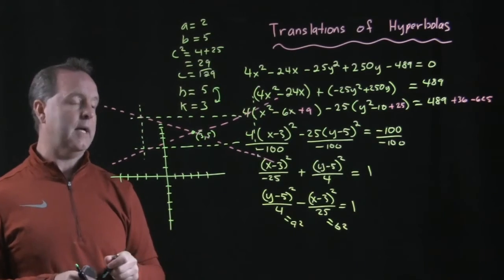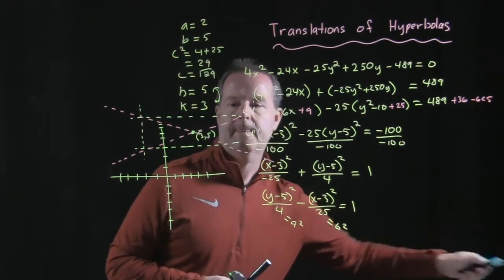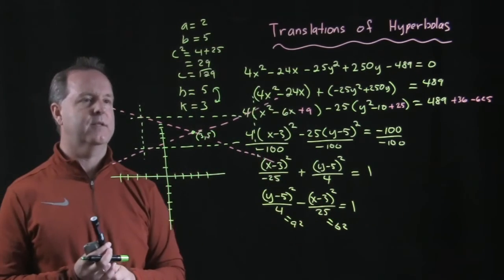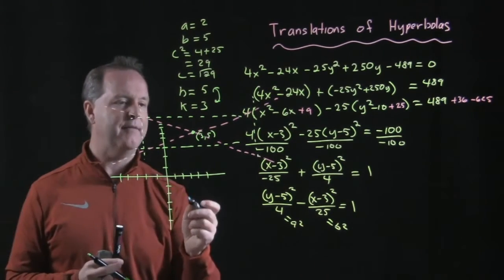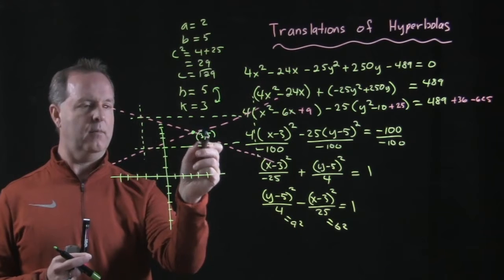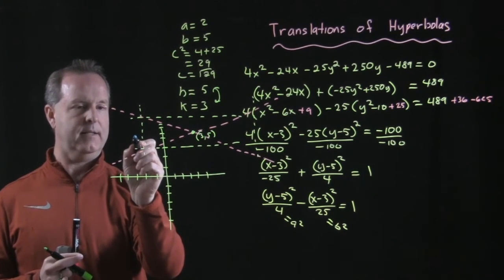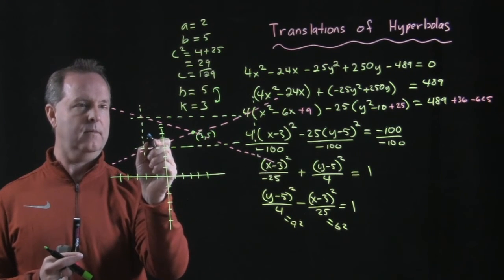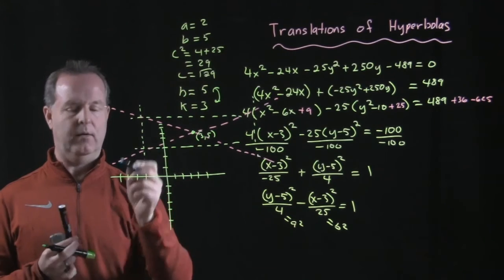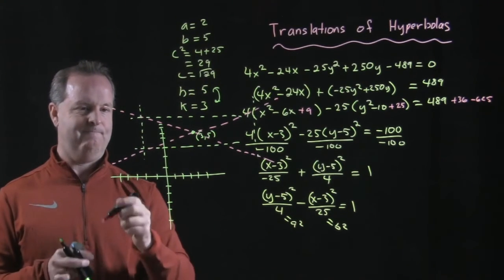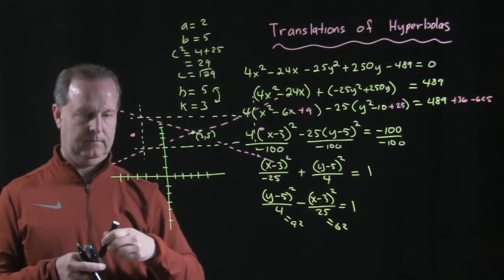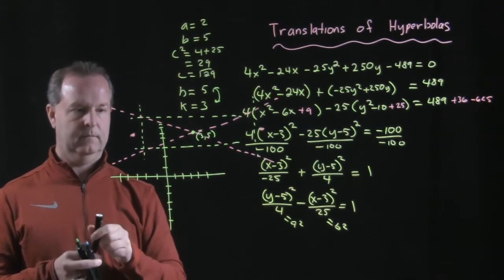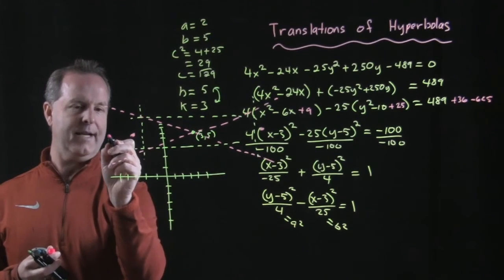We have the foci, which are root 29 units past the center, which is between 5 and 6 units, so back up to a little bit past the 2.